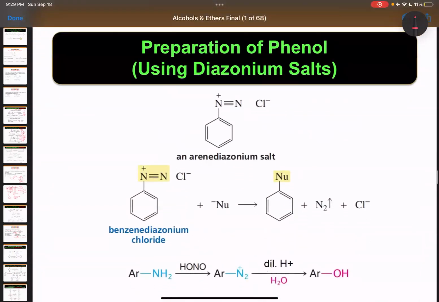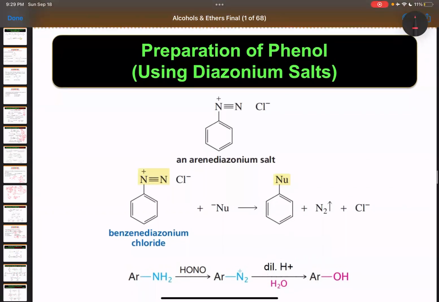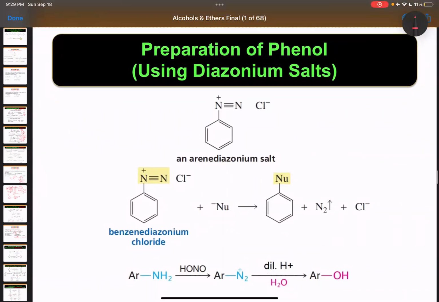So next is preparation of phenol using diazonium salt. Just quickly, from benzene, how can you prepare it by diazonium?